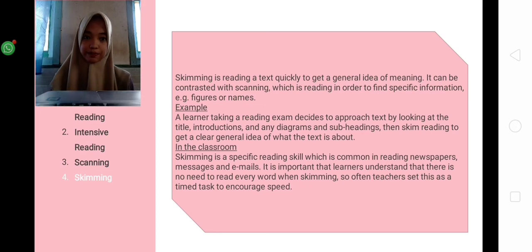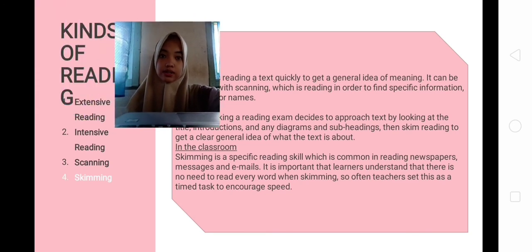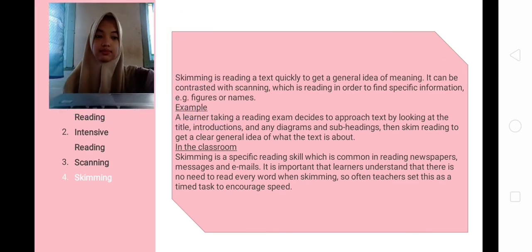In the classroom, skimming is a specific reading skill which is common when reading newspapers, messages, and emails. It is important that learners understand that there is no need to read every word when skimming, so teachers often set this as a timed task to encourage speed. So those are the four kinds of reading.